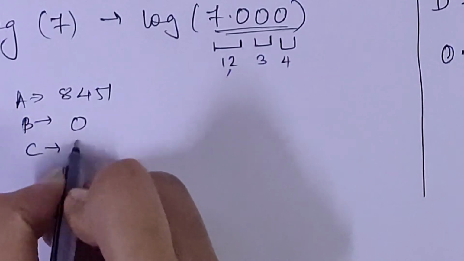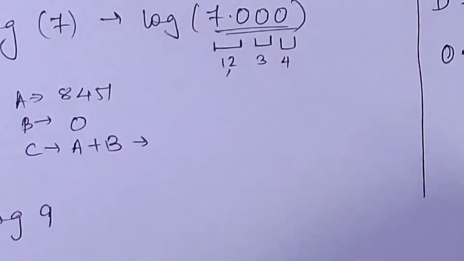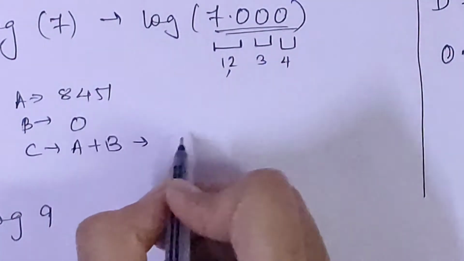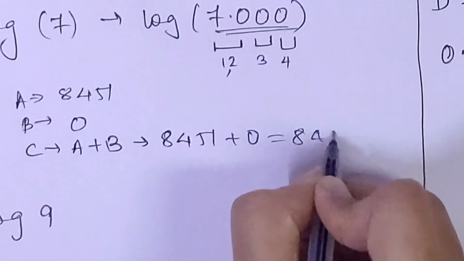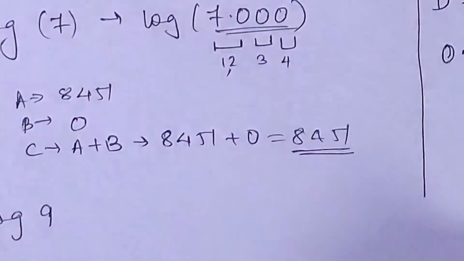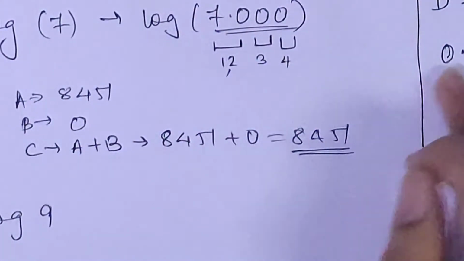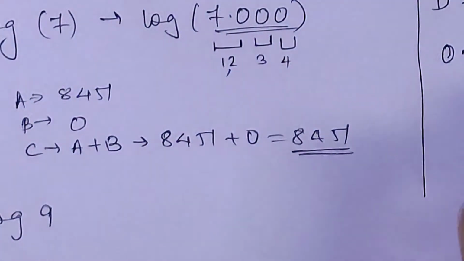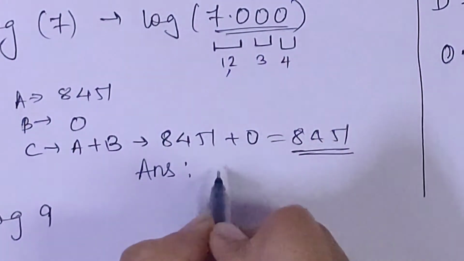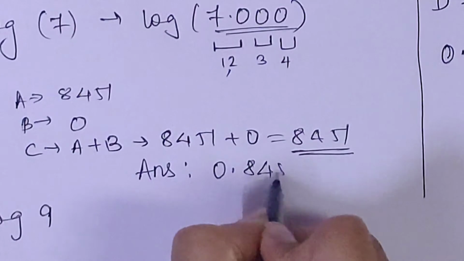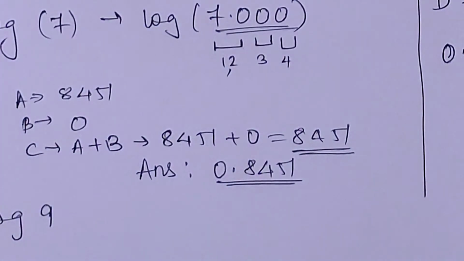So what is my C? A plus B, which means 8451 plus 0, that is 8451 itself, and your answer is already ready because I told you this is 0 point C and your C you have found out. So your answer is 0.8451. That's it. It was so easy, isn't it?